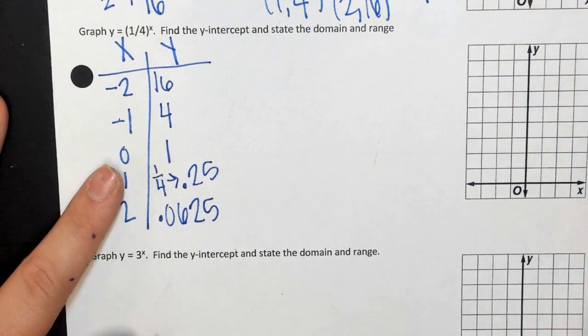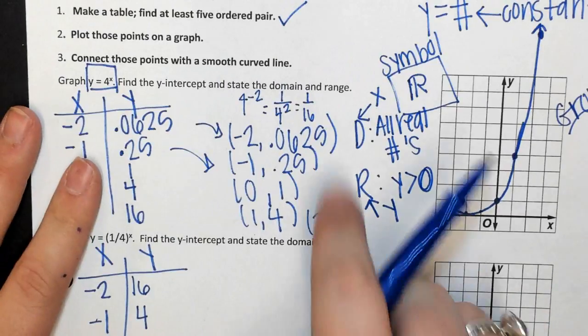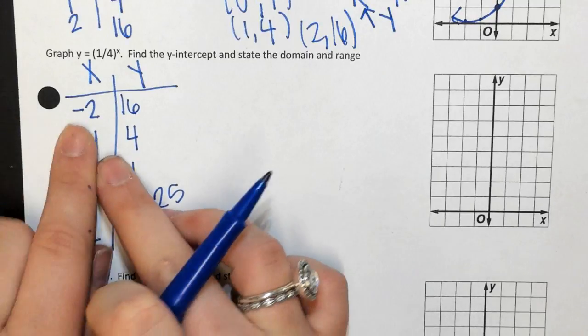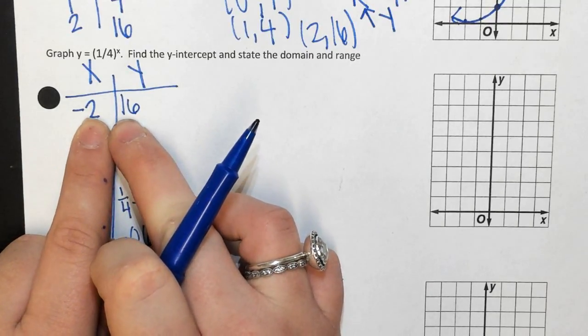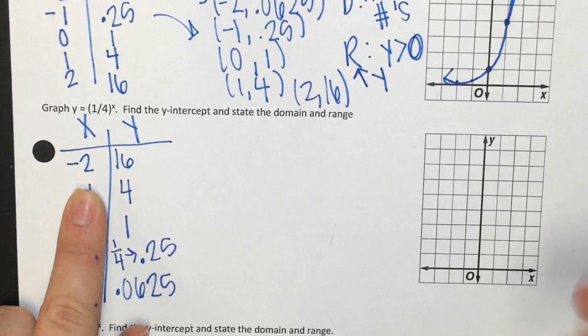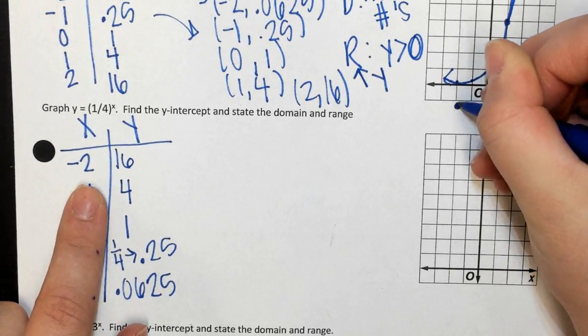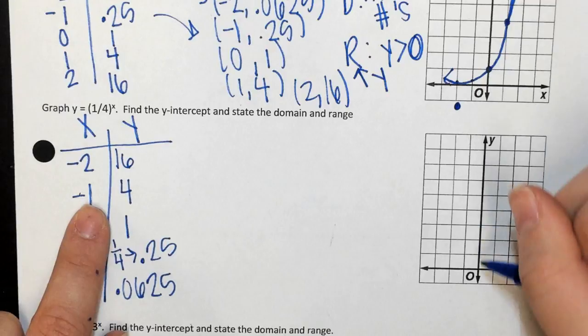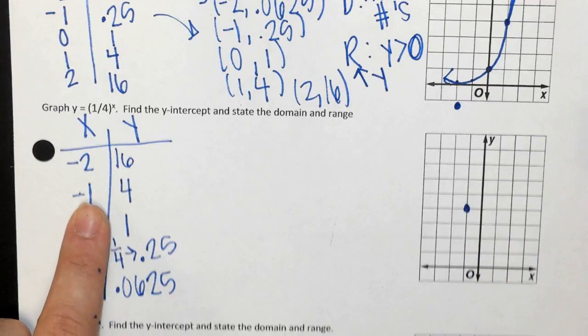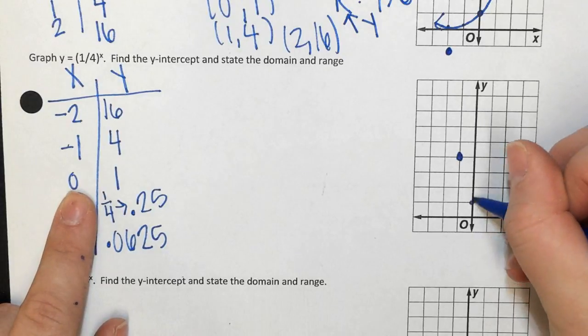All right, graph. You can write these out if you prefer. If you can graph straight from this and know that these 2 points go together, that's fine. So -2 to 16 is off the chart. -1 up 4. 0, 1.